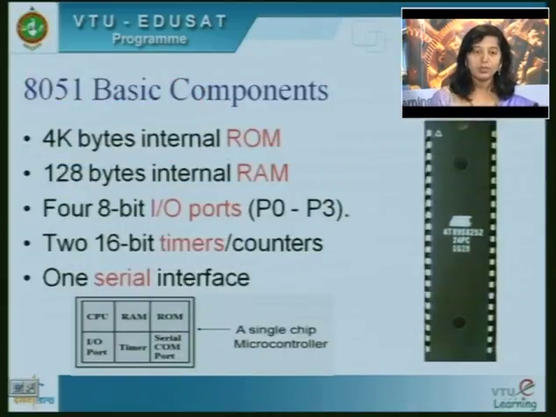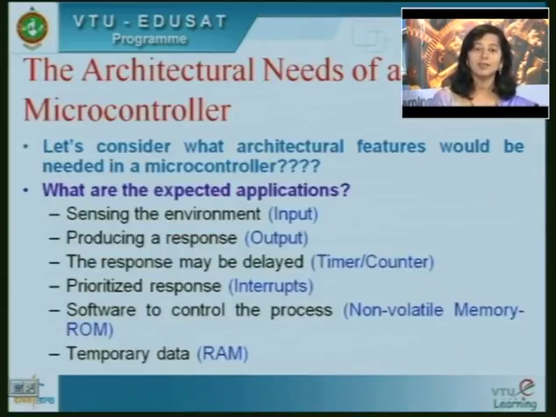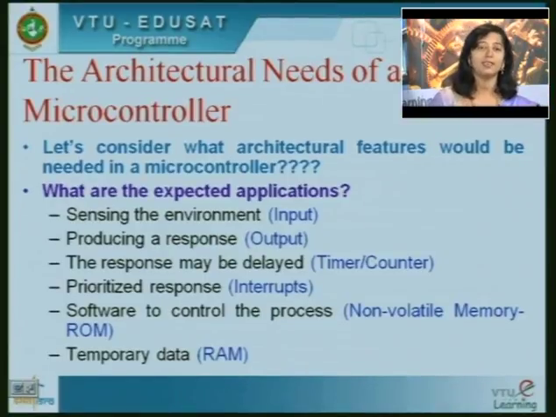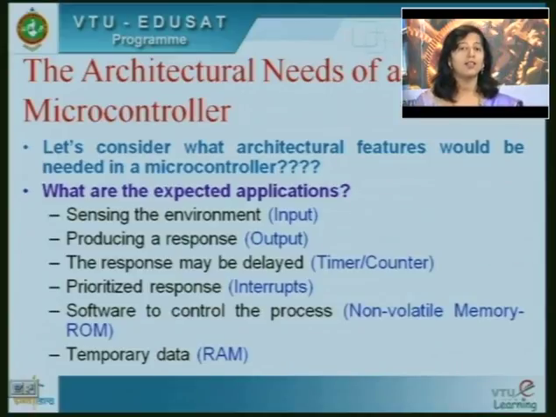So these are the different things which are needed for a microcontroller to have. So the basic things what are needed, as we saw, an input device, output device or multiple input output devices, timer or counter, interrupts, ROM, RAM are the fundamental needs. And to interconnect all this, you need wires or buses.